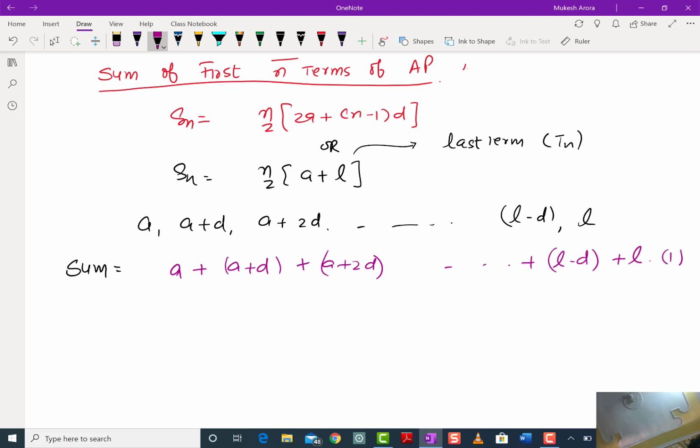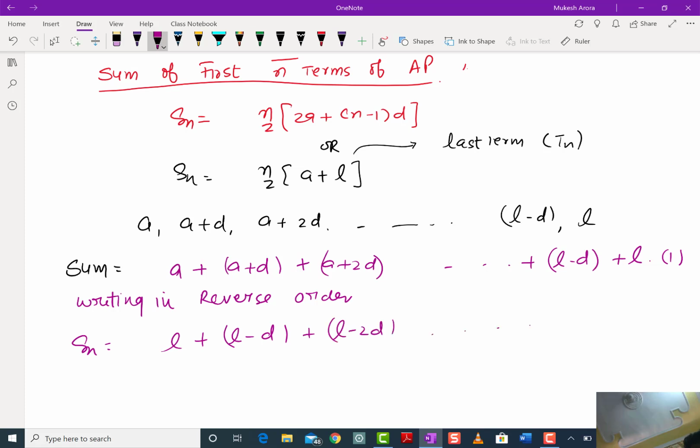Now writing in reverse order, Sn will be l plus l minus d plus l minus 2d and so on, down to a plus d plus a.